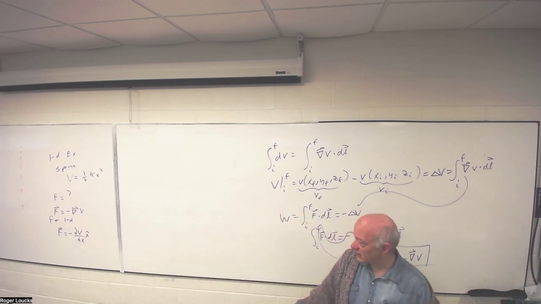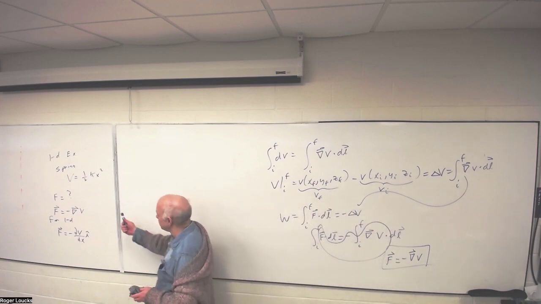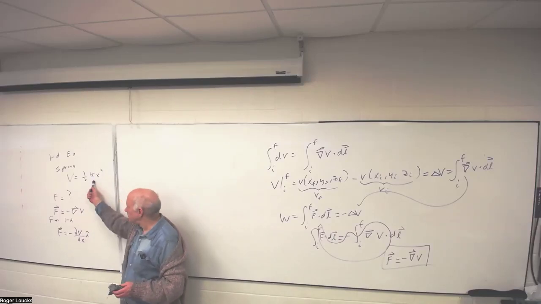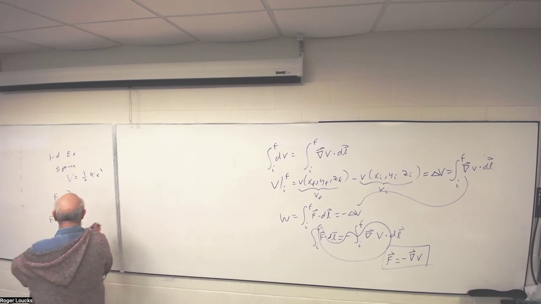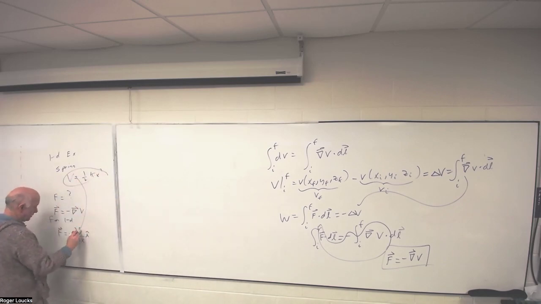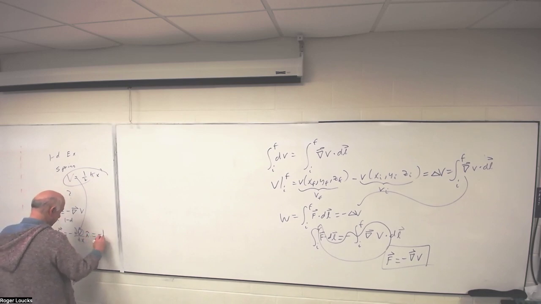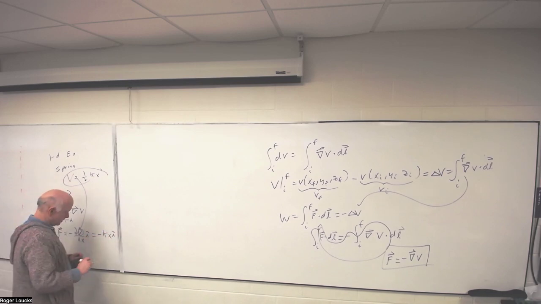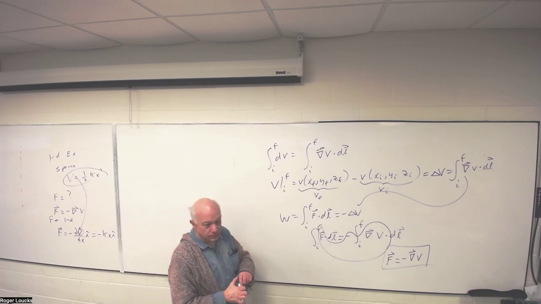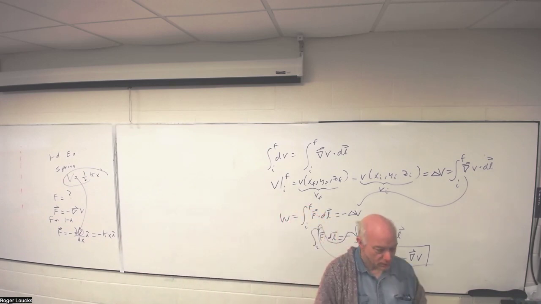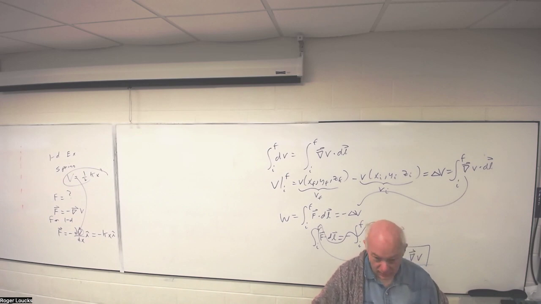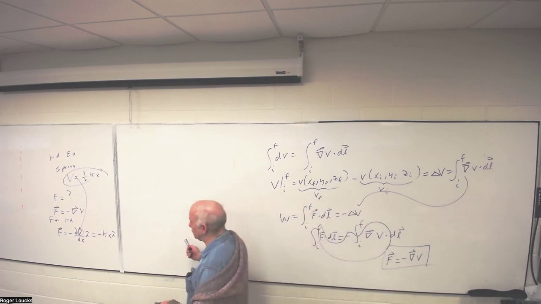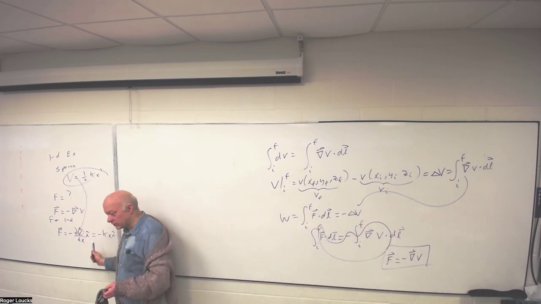So I can take my little friend V, put it down here, and what's the derivative of x squared? 2x. I put it in here. I get minus kx. Hey, what do you know about the force on a spring? Sure, it's minus kx. It's Hooke's law. So from the potential energy, you can get the force.